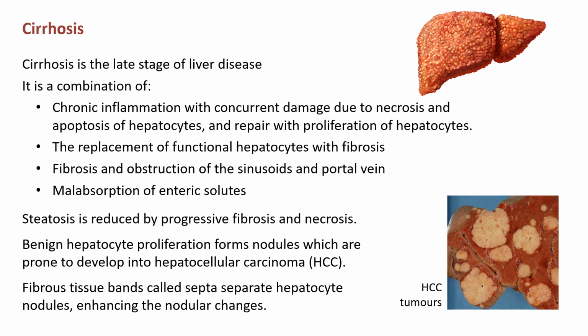And just to really emphasize these nodules, we have these bands of fibrous tissue known as septa, and they separate out these proliferative hepatocyte nodules, and this enhances that nodular look and nodular feel.